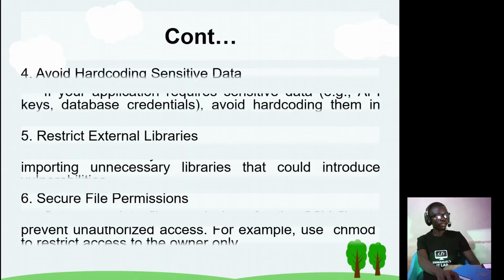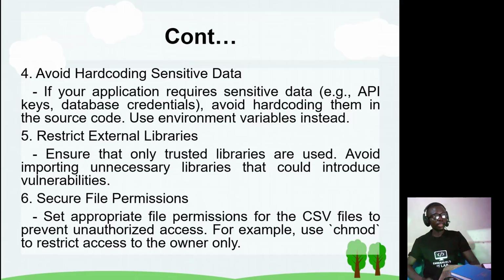Other recommendations include avoiding hard coding sensitive data. If your application requires sensitive data such as API keys or database credentials, avoid hard coding them. Then restrict external libraries: ensure you only use trusted libraries. Ensure file permissions are secure.